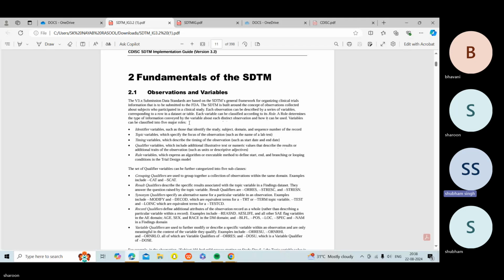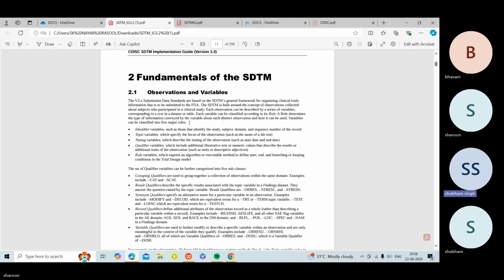That is the important part. Each observation can be described by a series of variables. The observation which contains names, it will be stored in which variable? Name. The observation which contains sex related data will go to the gender variable. The observation which contains age related data will go to the age variable. So here they are explaining the same thing in a different way.